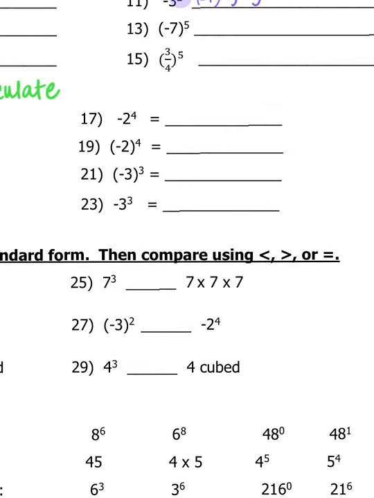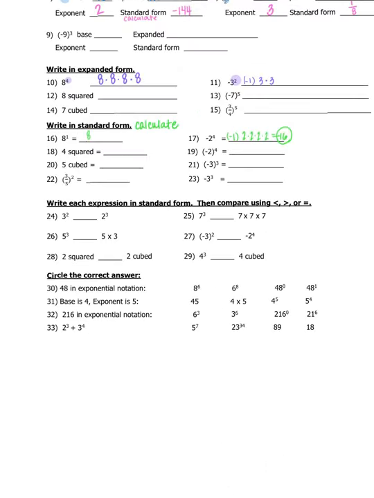If we have negative, what this is saying is -1 again, and then 2 times 2 times 2 times 2. So when you put all that in your calculator, you get 16. So the answer here is -16 because you have to multiply it by that -1.